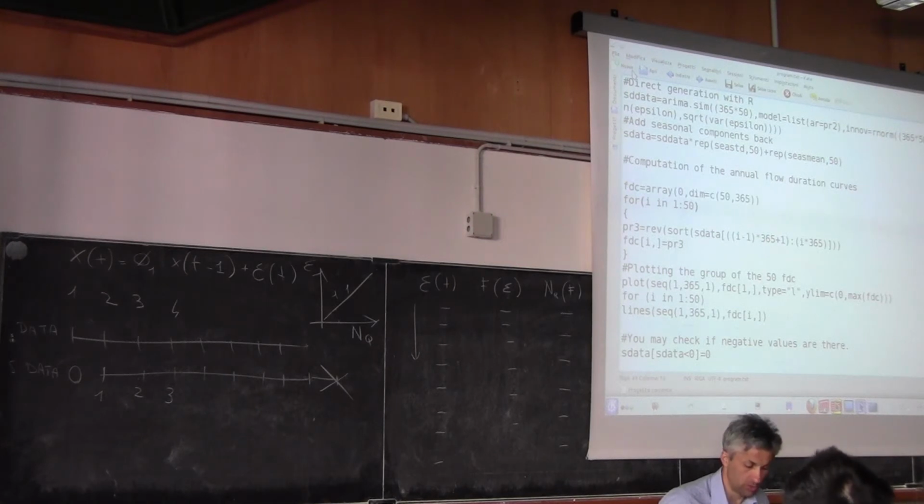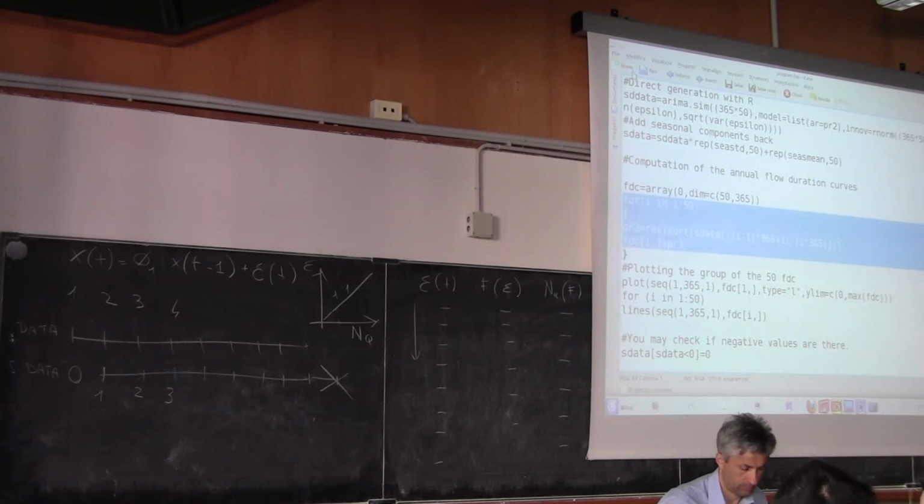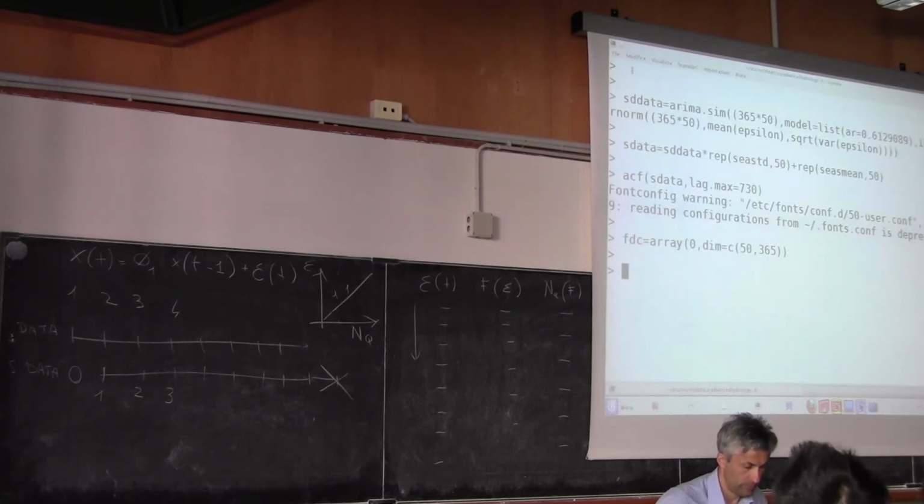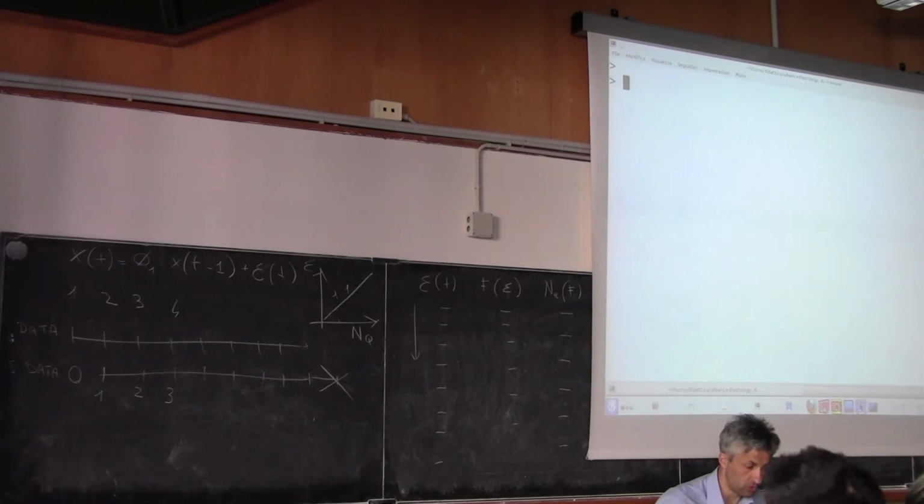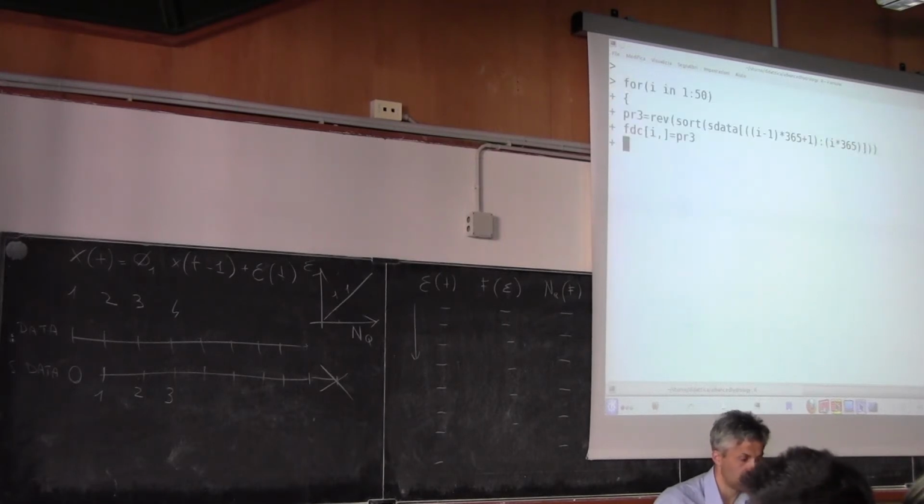And now I have to compute the 50 flow duration curves, and this is the instruction.